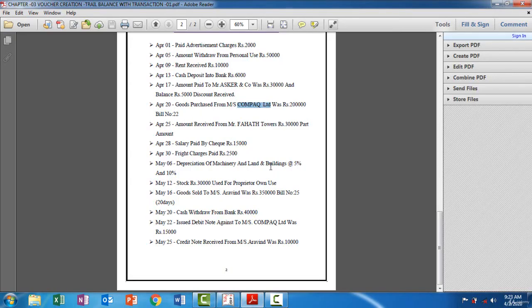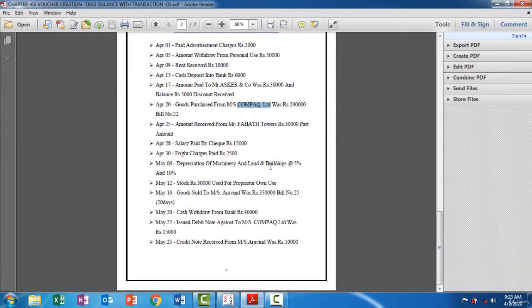The next one is April 25, amount received from Fahad Tours 30,000, part of amount. Okay, so it means that we need to use the receipt voucher because we received the money. Then the transaction double entry is cash account debit and Fahad Tours account credit.